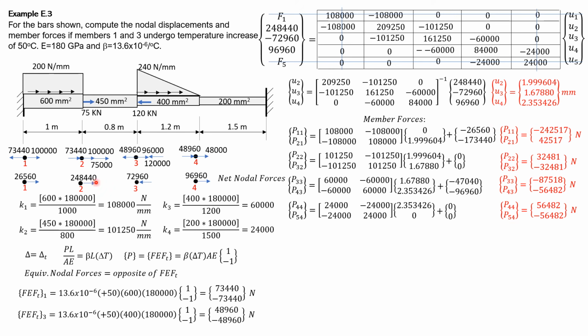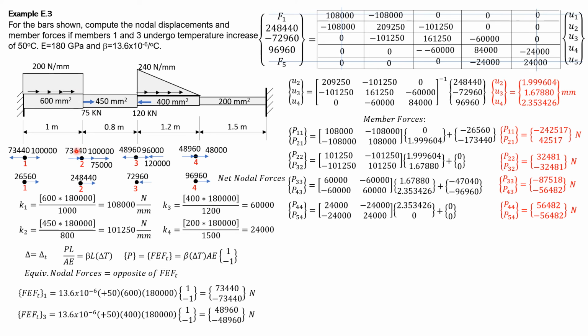Then for the other end, do not use negative 248,440, because the 75,000 newton is not a fixed end force. It is an applied force already. The fixed end forces will be only 73,440 due to temperature and the other load.